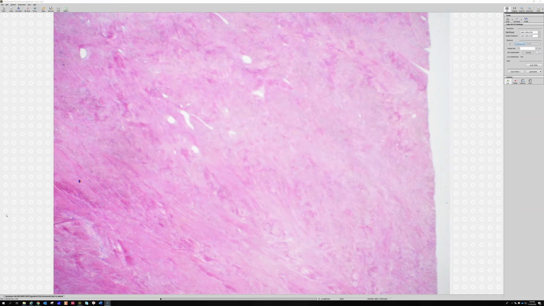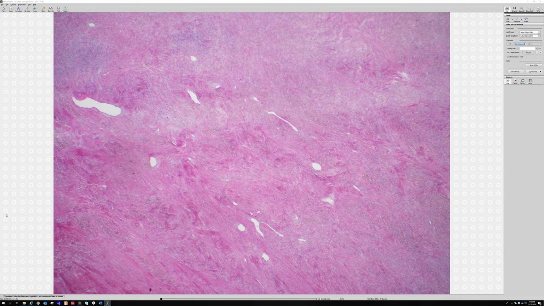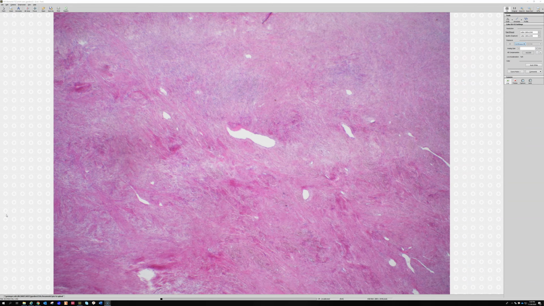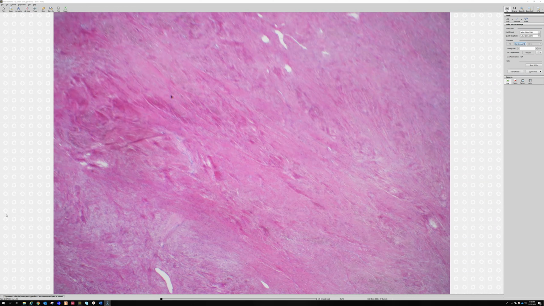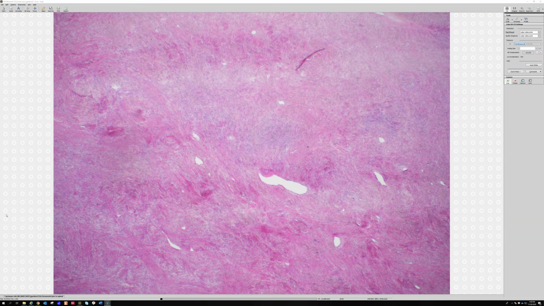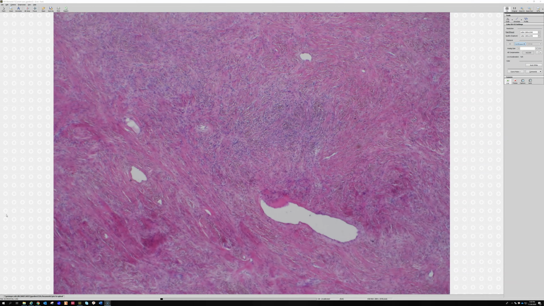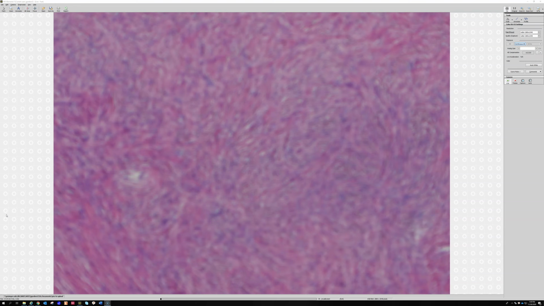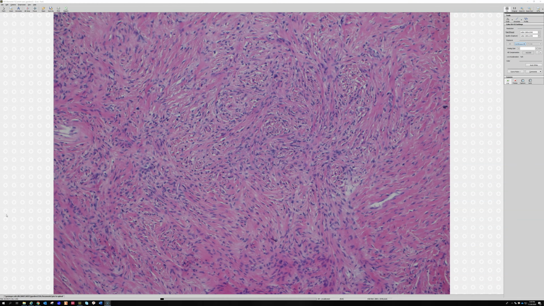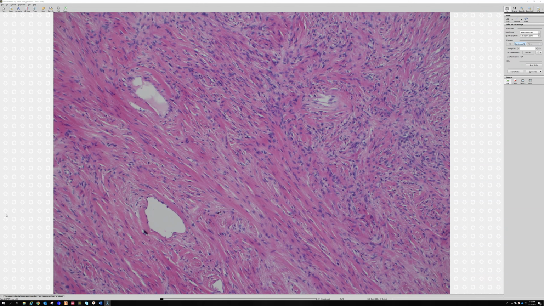Let's go back to low power. There are some branching staghorn vessels, like you can see in solitary fibrous tumors. This area here is very pink. Over here, it seems to get a little bit more cellular. Still not very cellular, but there's a variability: some areas are a little more cellular, like this, and other areas are less cellular, more hyalinized and sclerotic.